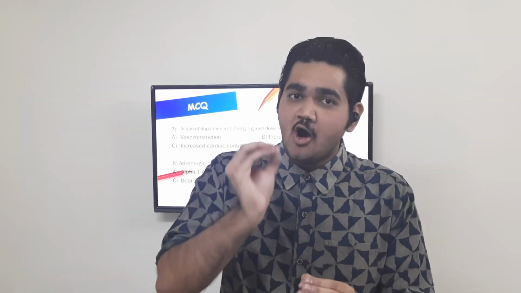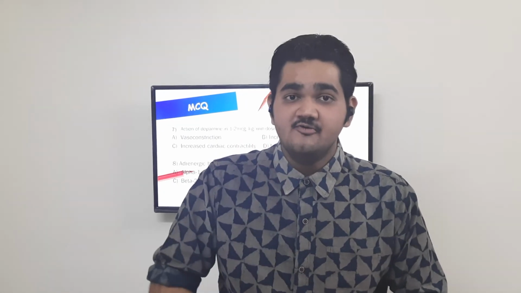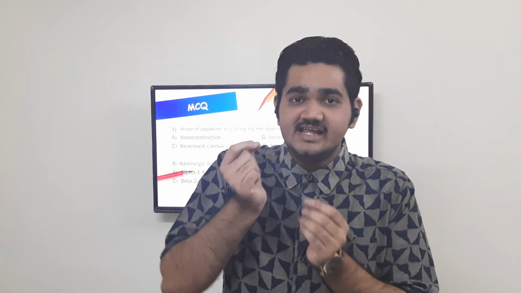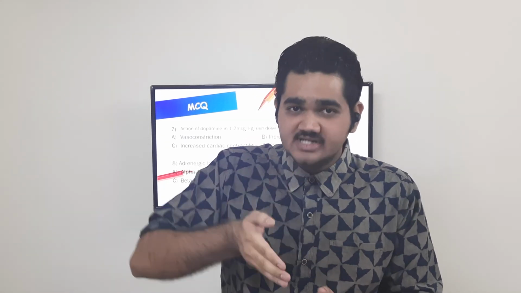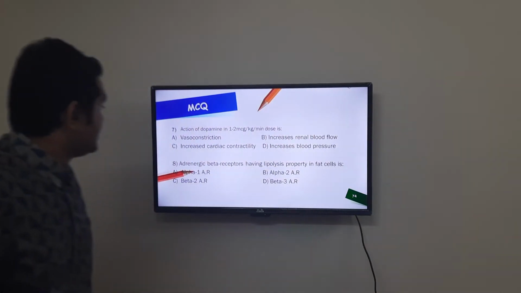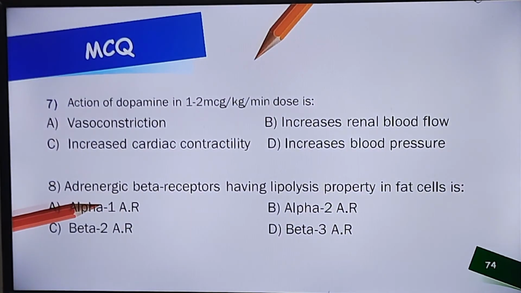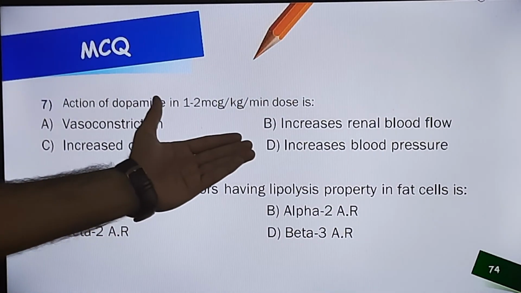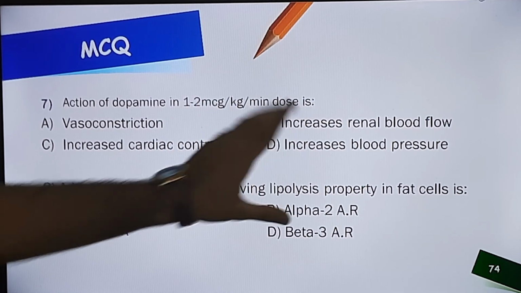So just हमें ऑप्शन में ये देखना है कि which option states that there is more release, or we can say more supply of blood to our kidney. So the correct option will be option number B, which states that increases renal blood flow.